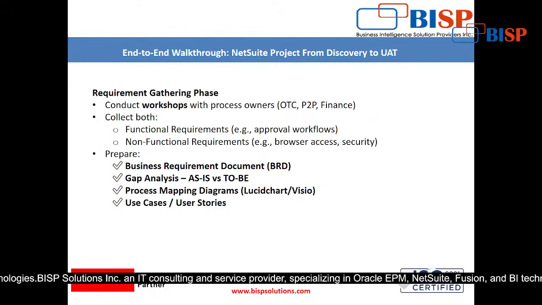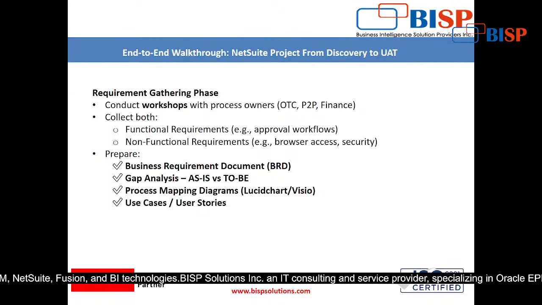Conduct workshops with process owners for O2C, P2P, finance, and collect both functional requirements, like approval workflow, and non-functional requirements, like browser access and security. And then prepare a BRD, first the BRD, then gap analysis, fit gap analysis.